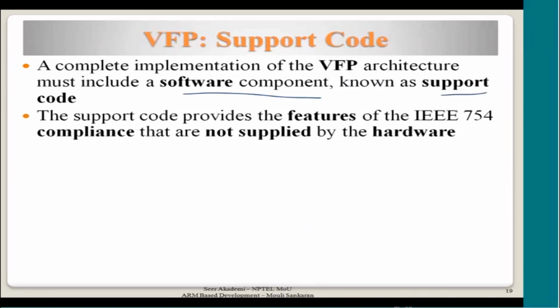The support code provides IEEE compliance features that are not supported by the hardware. So basically, the support code is software, because it has to be executed as a part of exception handling.